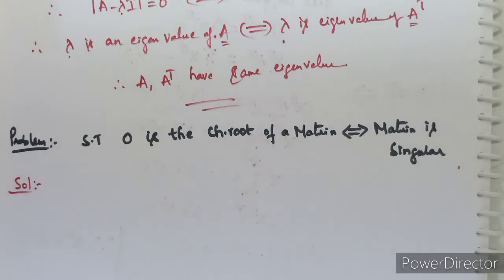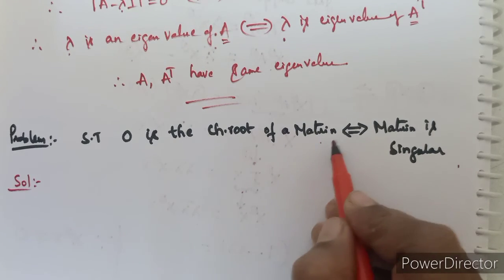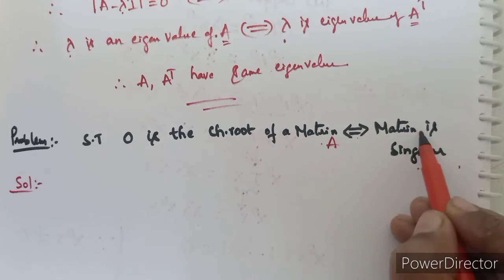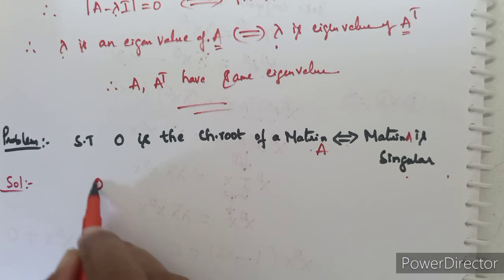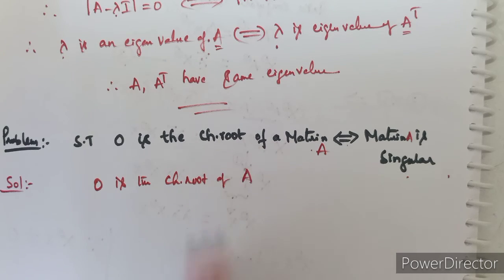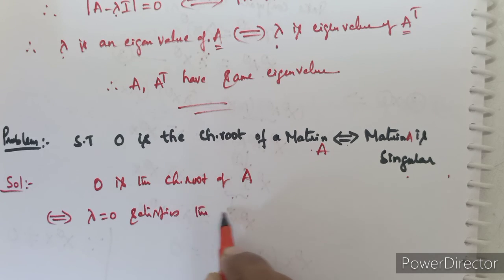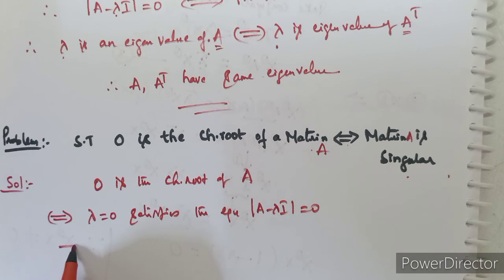Now we'll see one more important bit. Show that 0 is the characteristic root of matrix A if and only if matrix A is singular. First we take 0 is the characteristic root of matrix A. This implies characteristic root lambda equal to 0 satisfies the characteristic equation |A − λI| = 0.